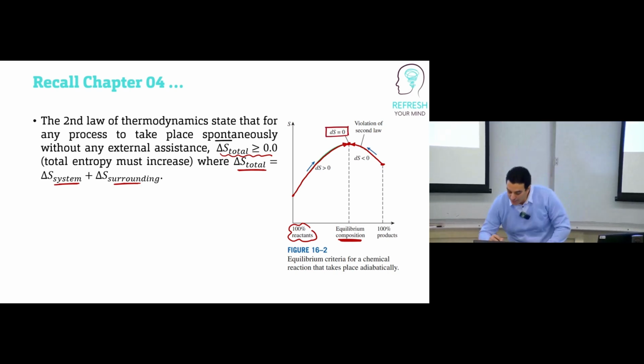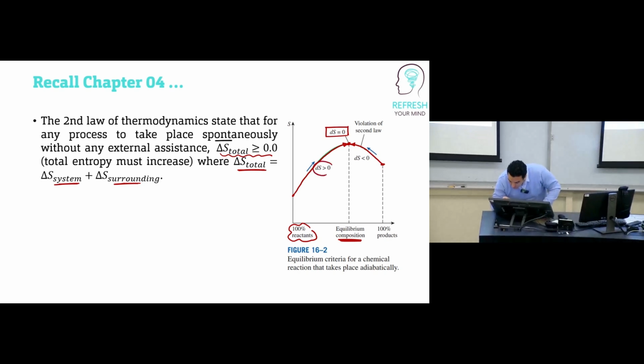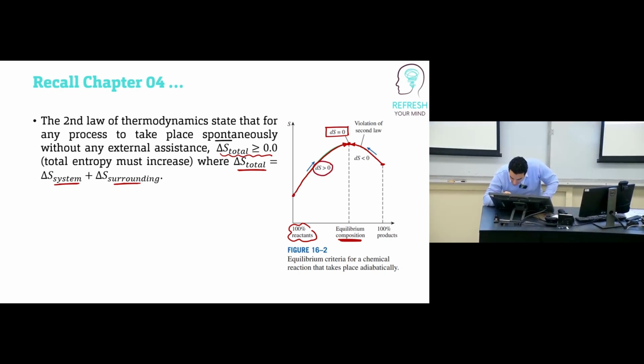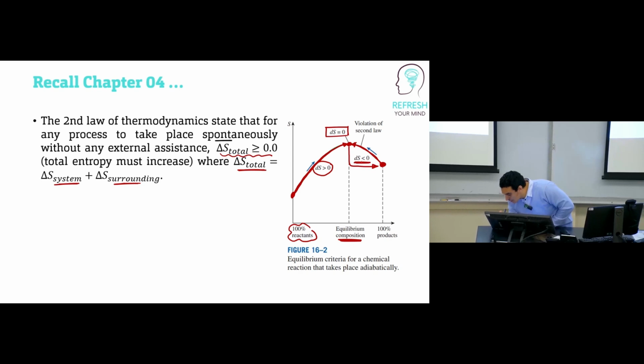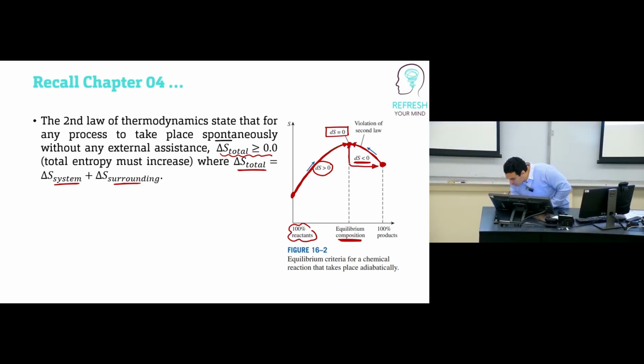The change is happening in the direction where entropy is increasing. So in this direction, entropy is increasing. Therefore, this is why the reactant is reacting to give you whatever composition is here. If you have product, it will react together to give you the composition here, because the entropy is increasing. But we cannot achieve 100% product, because from here to this one, we have a decrease happening in the entropy.